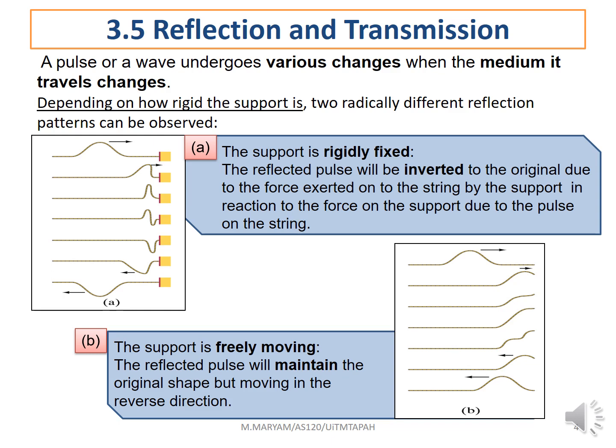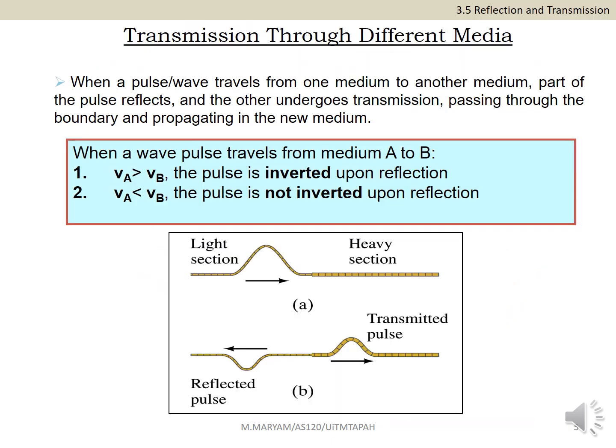As you can see, this is the first one, then after and here, so it will continue in the original shape here, but moving in the reverse direction. So can you see the difference between these two, class? Alright, so it depends on the support.